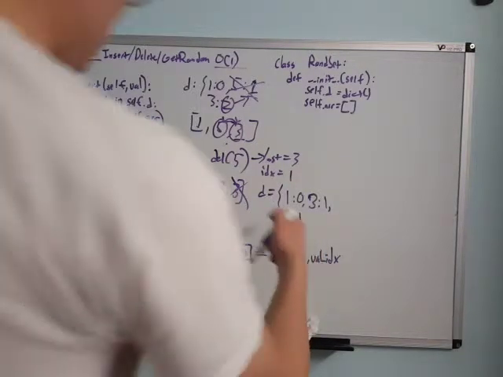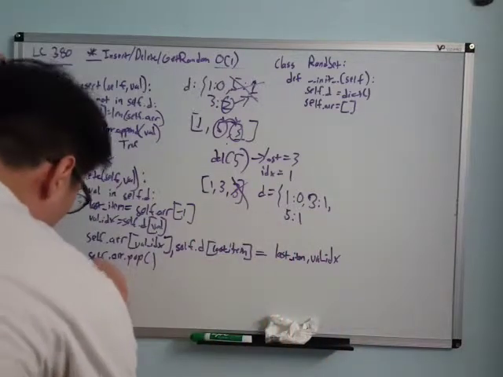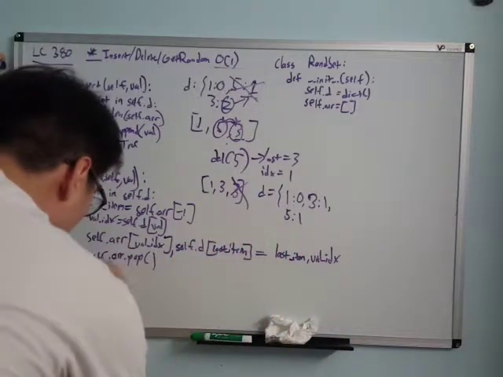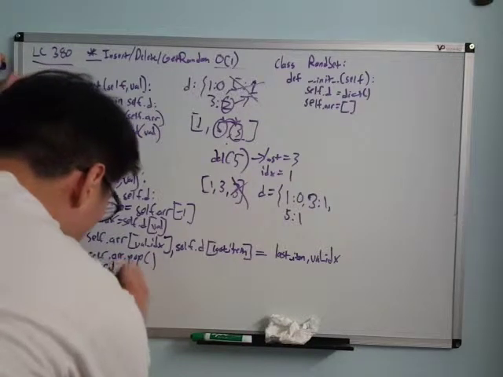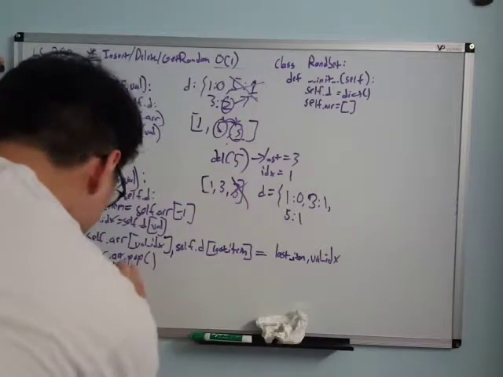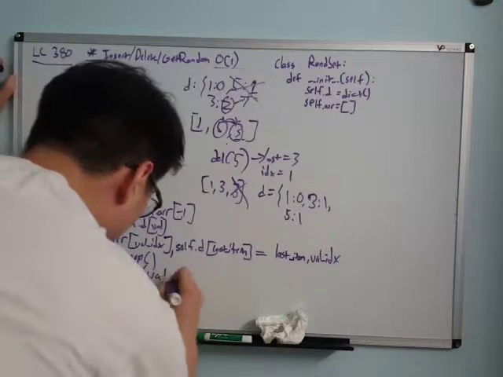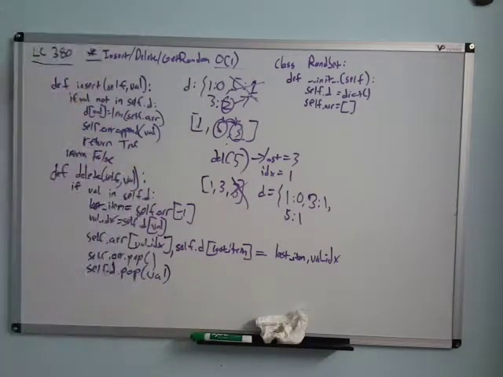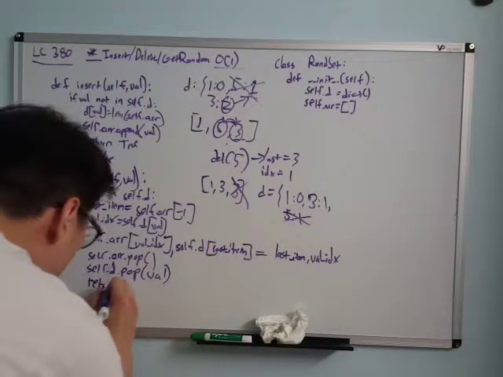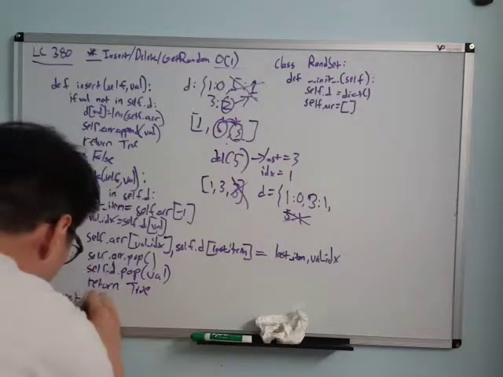And we need to delete the value that we were given, the item in the dictionary. Self.d.pop, and you can actually just pop value. So that gets rid of this. Right? And then you would return true to signify that the operation occurred, false otherwise.